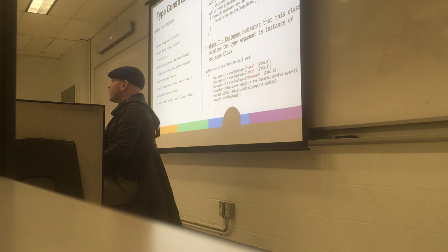If I want to use this generic class List, any item added to this generic class List should be Employee. This is the meaning of where T colon Employee. Any item I want to use here should be Employee, any T here should be an object from Employee. Where T: Employee indicates that this class requires the type argument to be an instance of the Employee class.